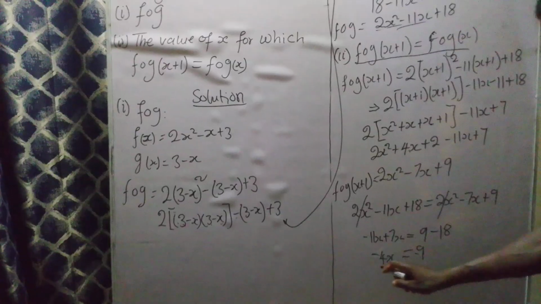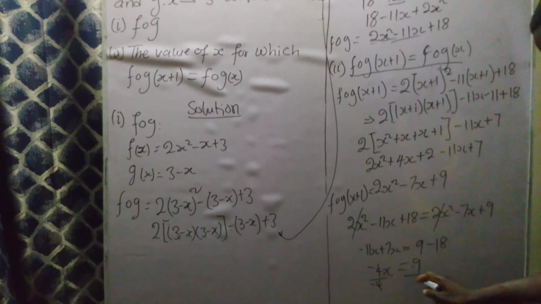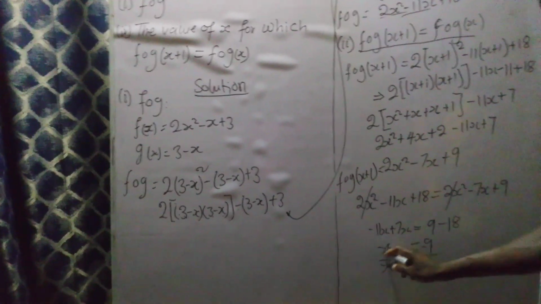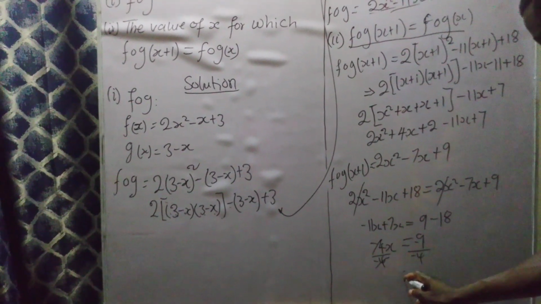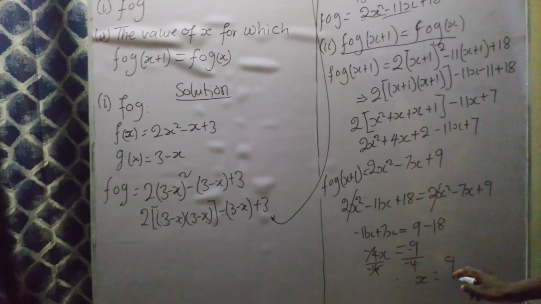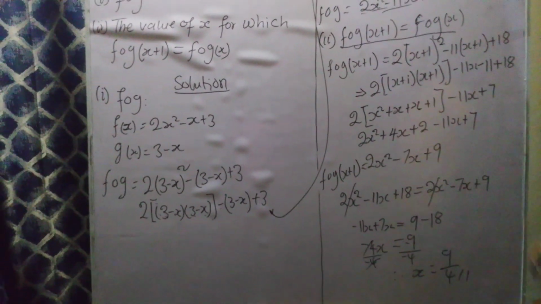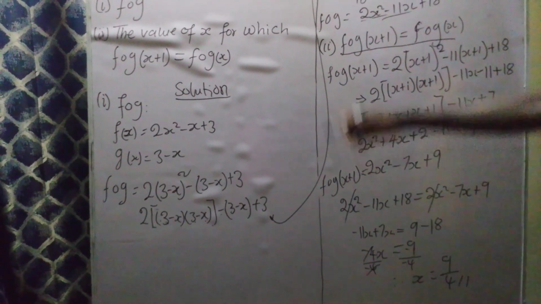Then we divide both sides by negative 4. So our final answer is x equals 9 over 4. That is the value for this particular question.